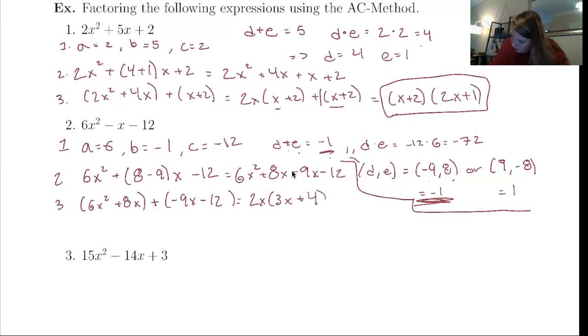And then negative 9x minus 12 is going to be -3. And negative 9 divided by -3 is 3x. Negative 12 divided by -3 is 4. So plus 4. Okay? And we know we did something right when these two match. So that's going to give me 3x plus 4 times 2x minus 3.